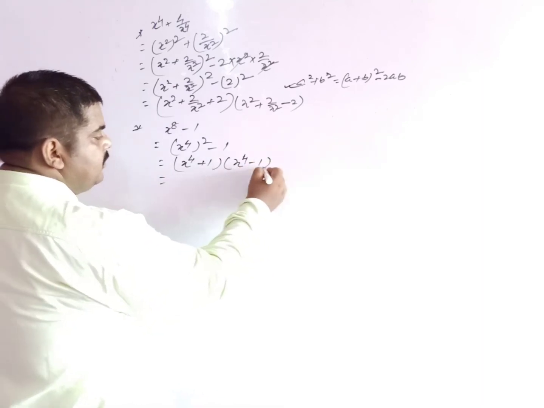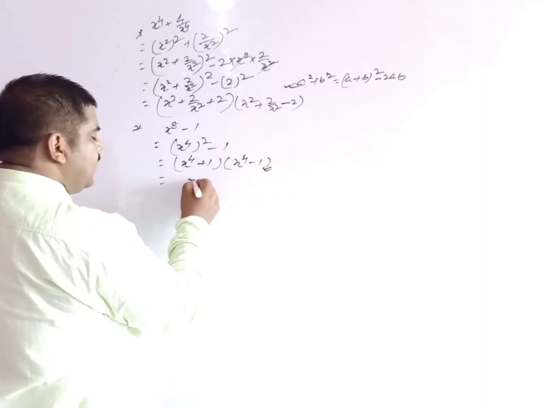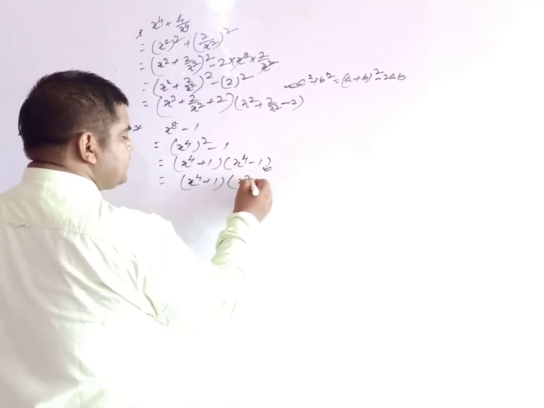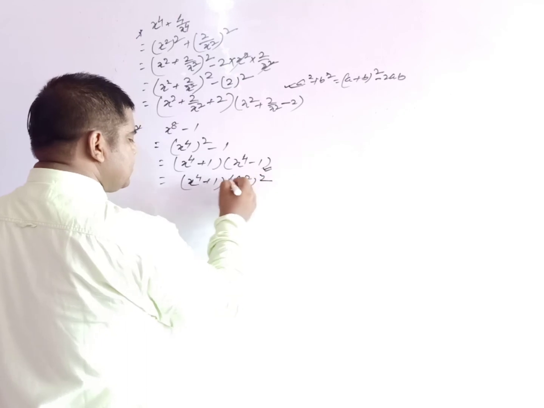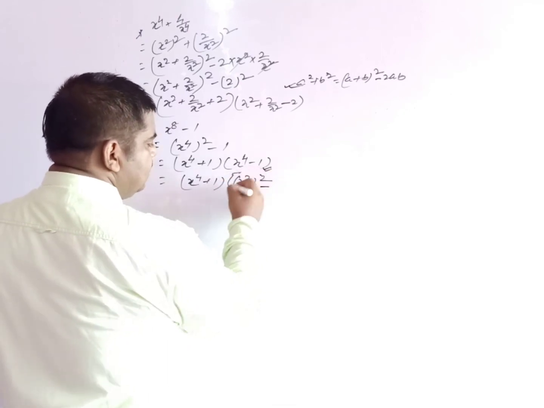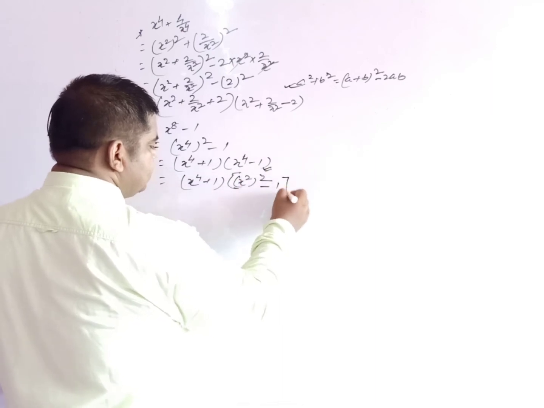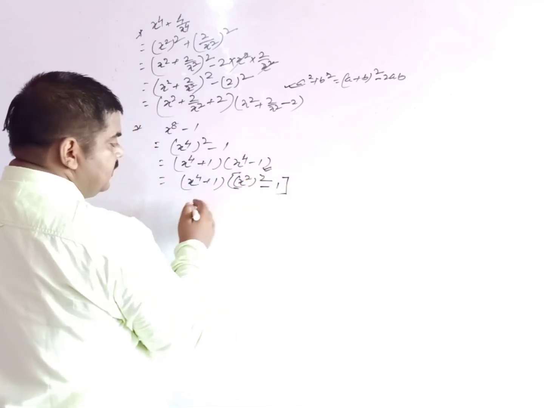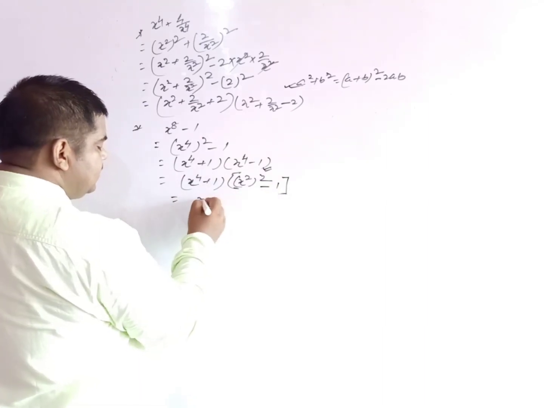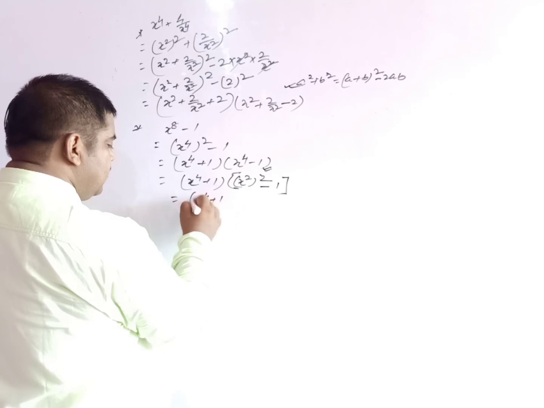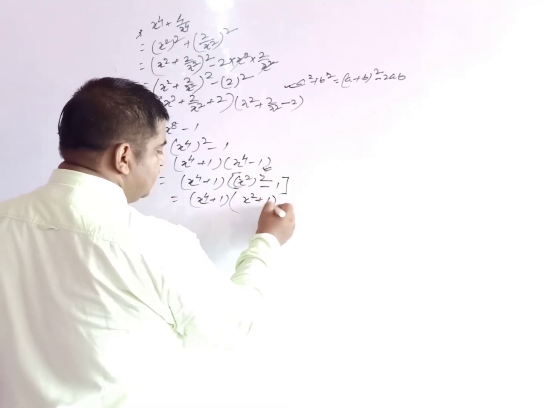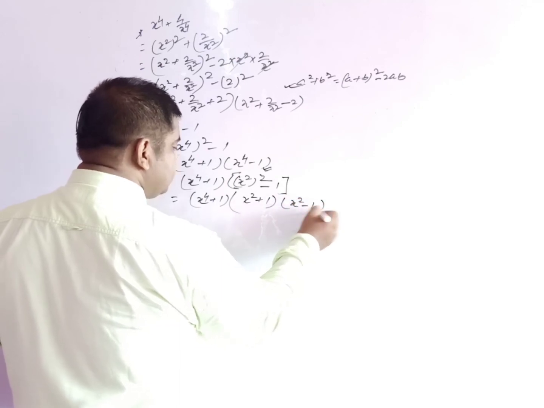And now again you can rearrange the second term: x to the power 4 minus 1 can be written as (x square) whole square, because square of square is 4, and minus 1. And a square minus b square you can apply again at this term. So (x to the power 4 plus 1) into (x square plus 1) into (x square minus 1).